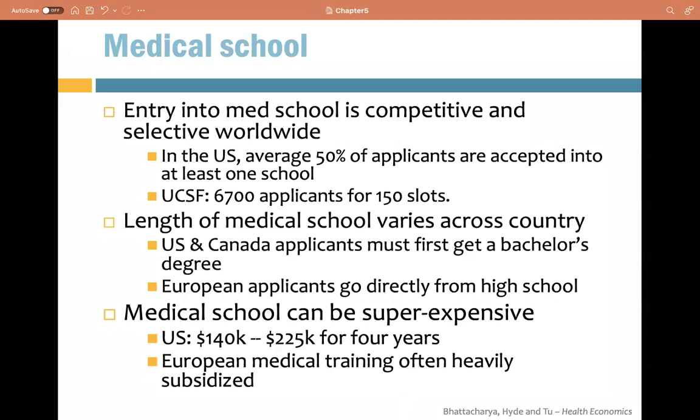When we think of subsidy, we always think of where the benefit goes. If the benefit goes to both the person getting the degree and the society, then we should not just let this person alone carry all the cost. The society should carry some of that cost as well. We call that positive externality.